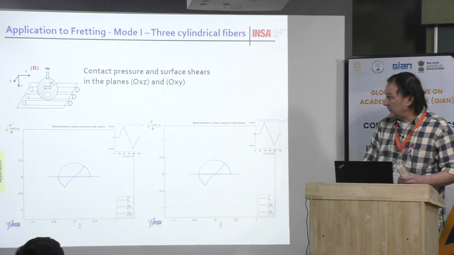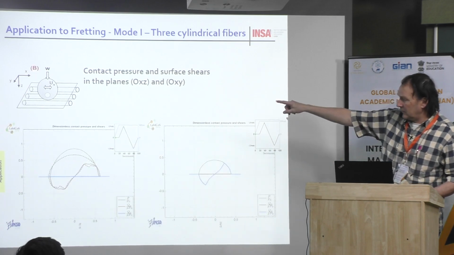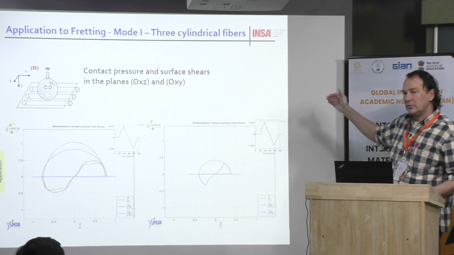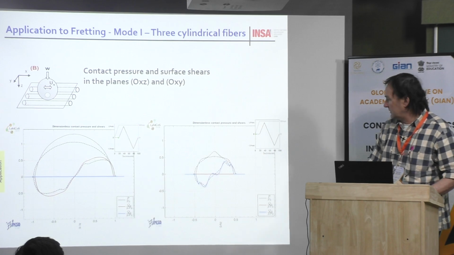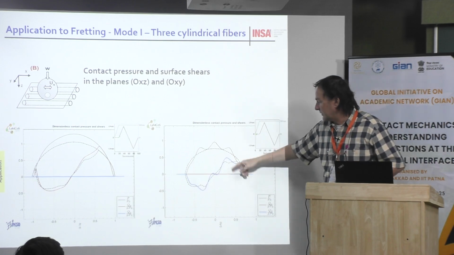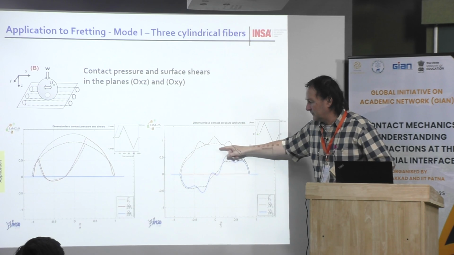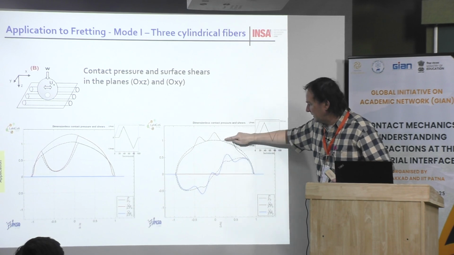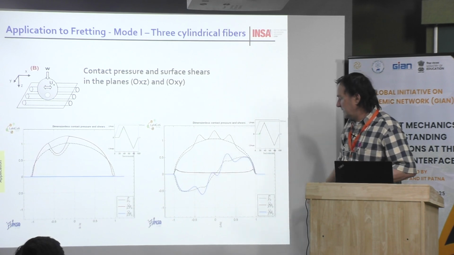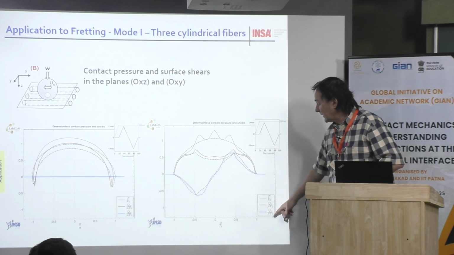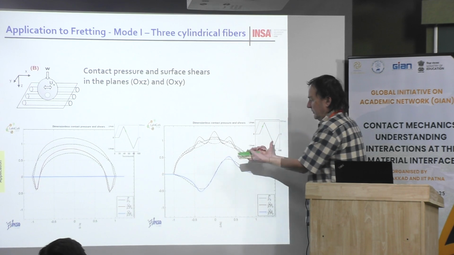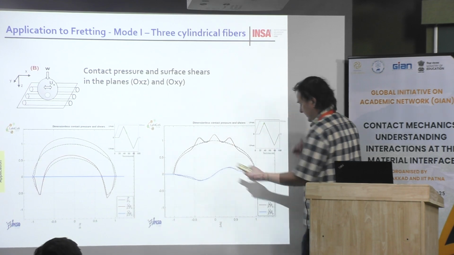Then we can do the same for this time when the fibers are along the direction of movement. Then you can see here the pressure distribution for the composite material. And here you can see in blue, this is the shear stress along the Y direction.